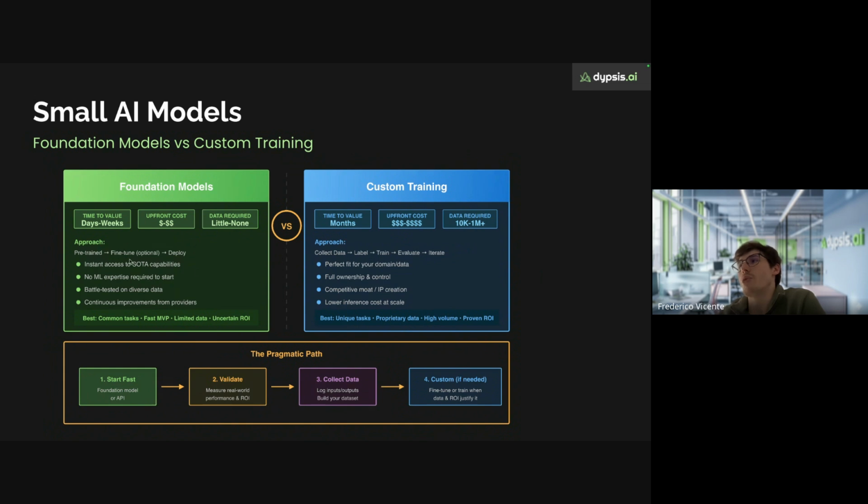So it's important to really balance experimentation and ROI, and then have a strategy for the future to acquire data and create these smaller models very specific to some tasks, where you can maybe reduce some costs and have better inference speed, and so on.